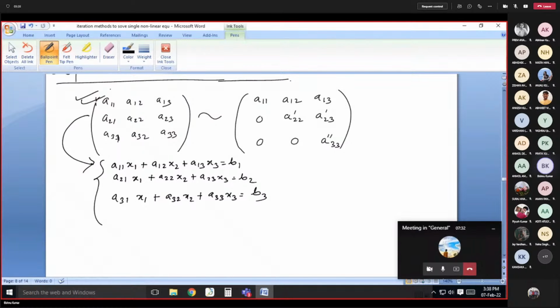Our target is to transform the main coefficient matrix of this system into the upper triangular form. For that purpose, it will have some rules.